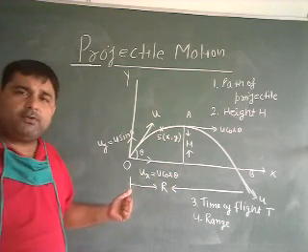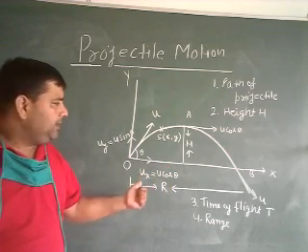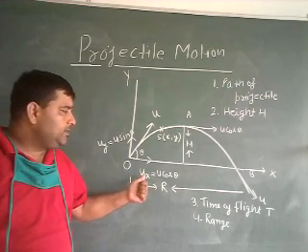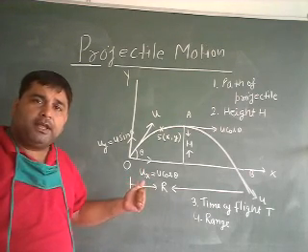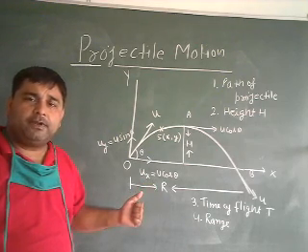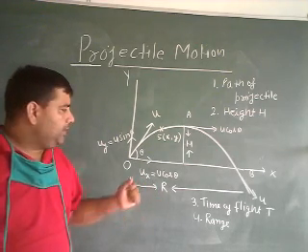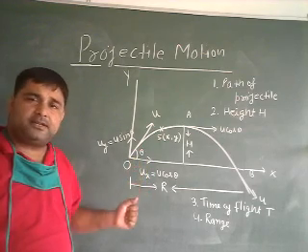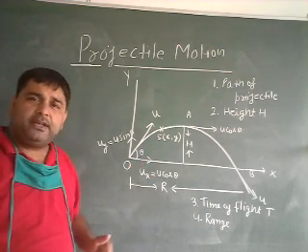For OX motion, what are my details? First, ux is u cos theta, ax, the acceleration in the x direction, is 0, and the distance traveled in the x direction is x in time t.